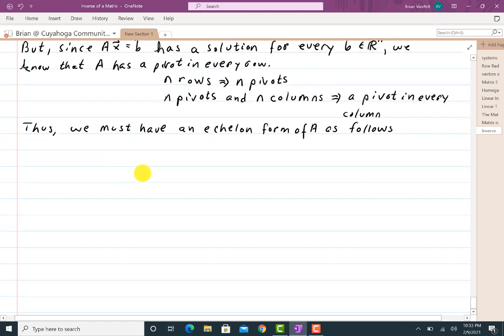I don't know what you want to call it. I usually use the letter U to indicate echelon forms. I have to have one in every single column. So I have to have one in column 1 and in row 1. Next I have to have one in column 2 and in row 2. Column 3 and in row 3, until I get to column N and row N. And I really don't care what's above there.